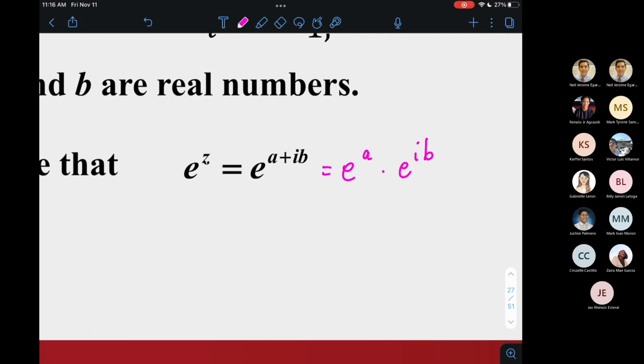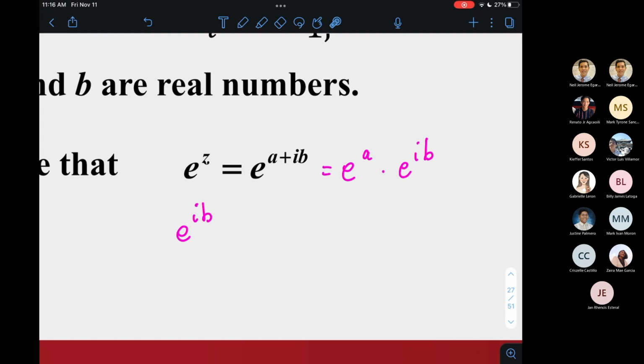Okay? Laws of exponents lang yung ginamit ko rito. Nag-a-apply pa rin siya sa complex numbers. Now, the peculiar thing is what happens to e to the ib. Kasi yung e to the a, okay lang yan. Kasi si a ay real number, e to the a is the usual e to the a. Pero ang crucial dito ay yung e to the ib.